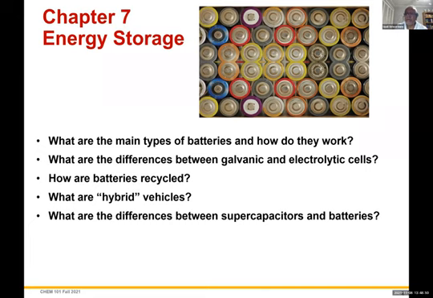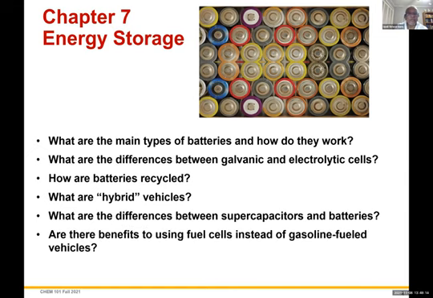In batteries, electricity comes from chemical reactions. Supercapacitors store ions between two charge plates. That stored charged particles could be used to create an electric current.